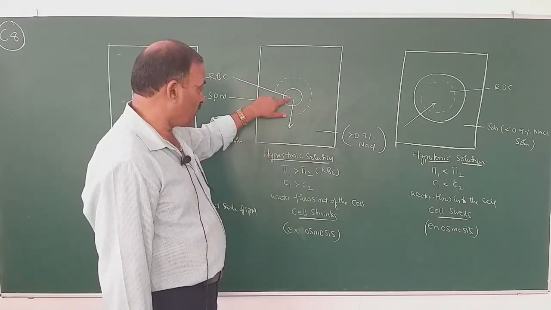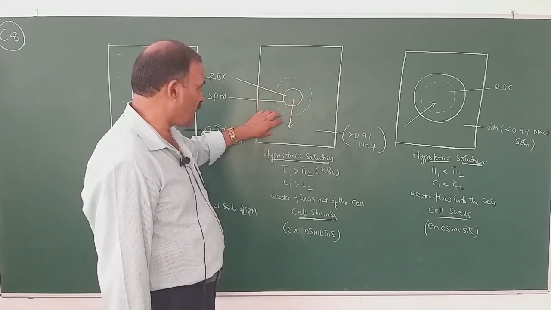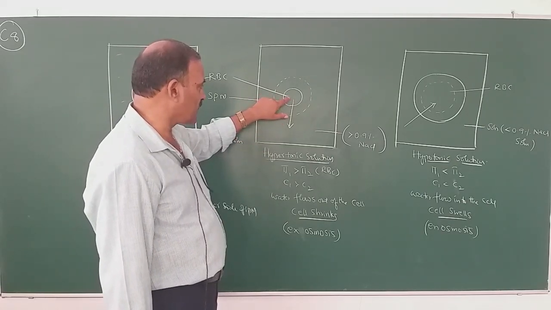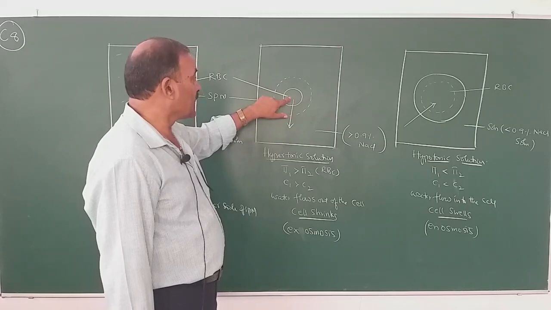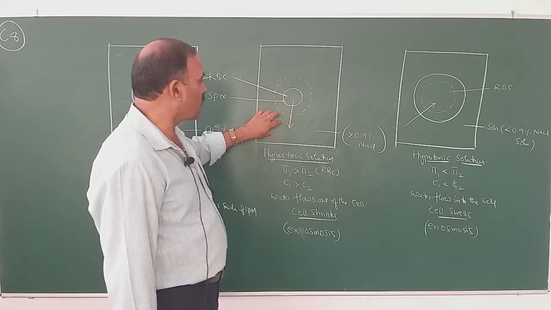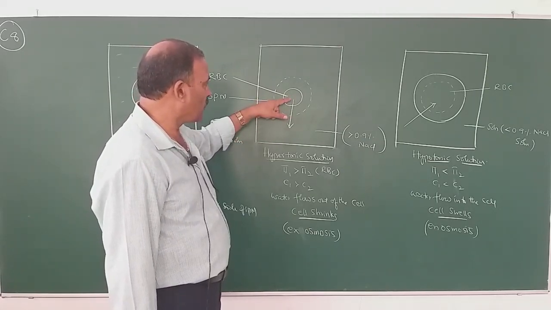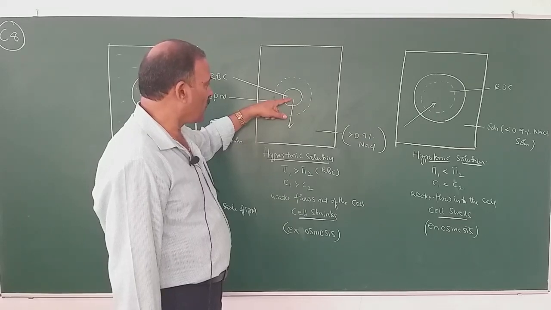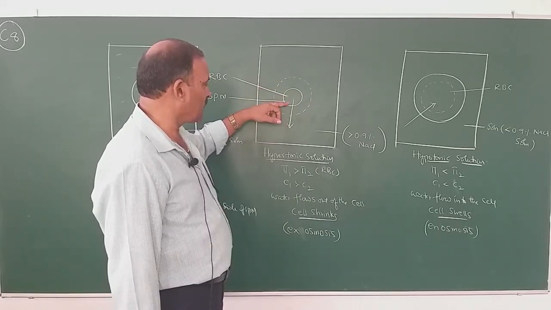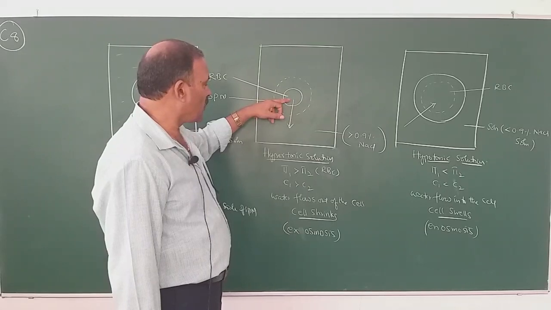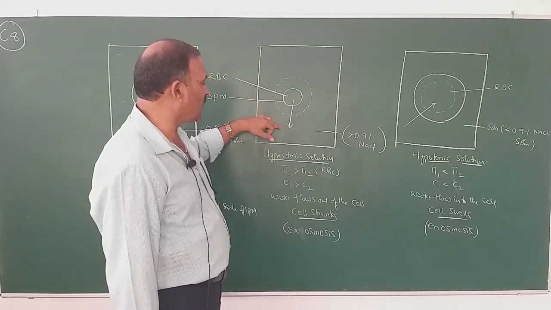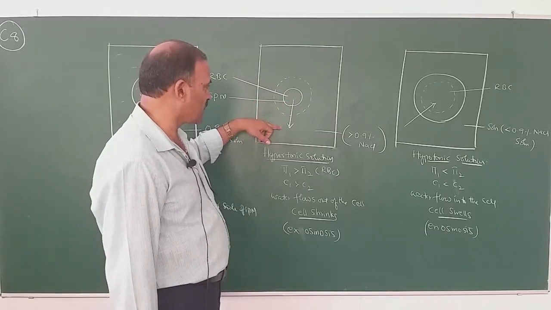So this is the RBC fluid and this one is the hypertonic solution. The concentration of this fluid is less than the concentration outside the cell. Therefore, the solvent flows out of the cell. That means the flow of solvent from dilute solution to concentrated solution is known as osmosis.